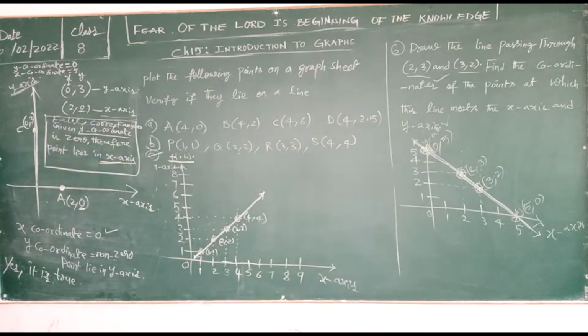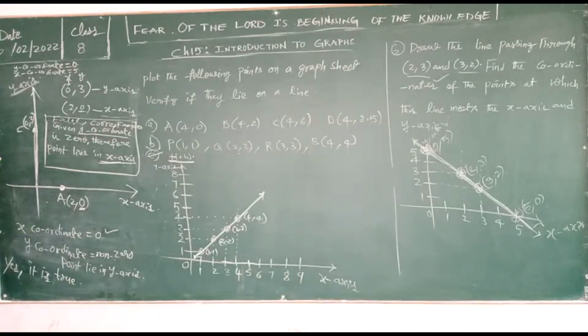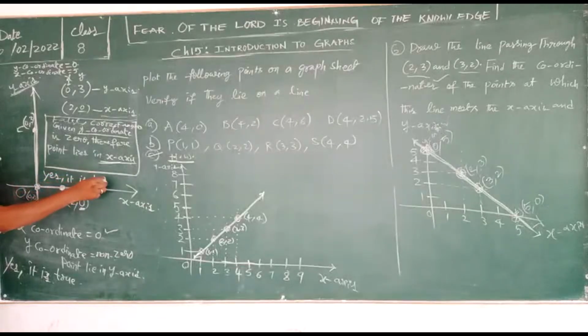Okay, so last one, the coordinates of origin are 0 comma 0. You observe now this point where the x axis and y axis both intersect each other, that is called the origin, and the points are 0 comma 0. So now what will you say? Yes, it is true. So third one you need to write, yes, it is true.